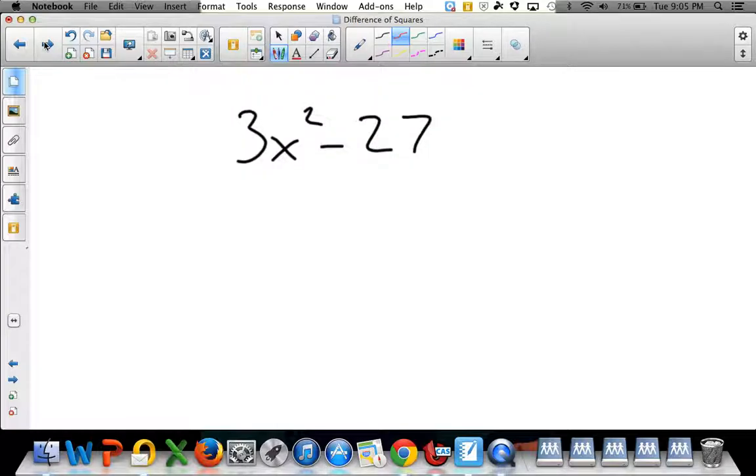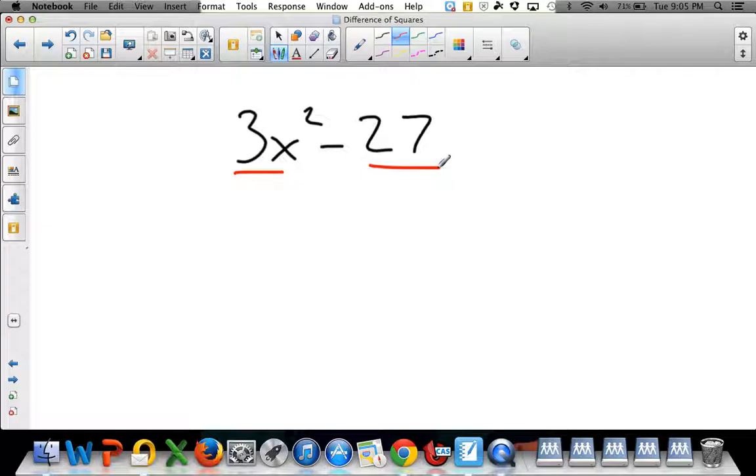Okay, let's look at this one. I do have a difference because I have a minus sign between my two terms, so I do have a difference of squares. But if you look at 3, 3 is not a perfect square. I can't take the square root of 3 and get a whole number. So now I'm going to have to see if I can factor out anything from either term.